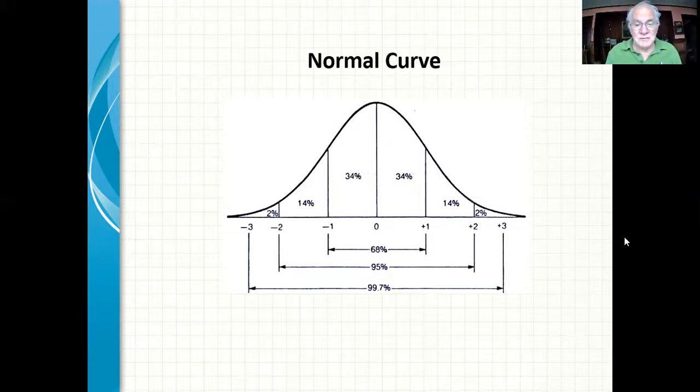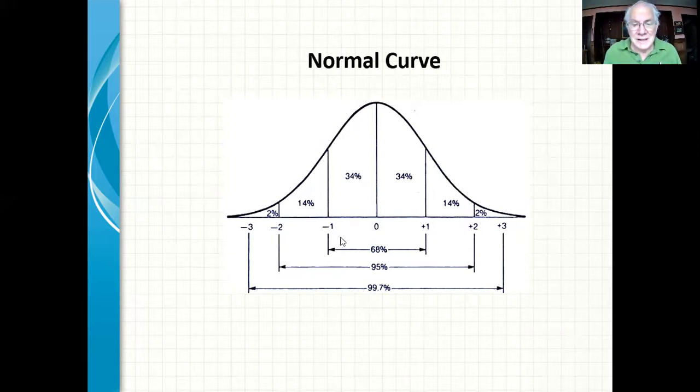Between plus and minus one z-score in a normal distribution there is 68%, just more than 2/3 of all scores. 95% of z-scores will fall between +2 and -2 in a normal distribution. 99.7% of them will fall between +3 and -3.